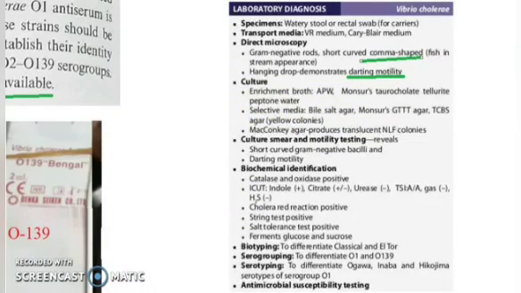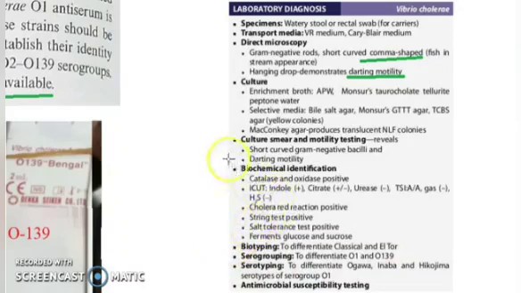Then culture we have seen, selective media, enrichment media. We have seen the motility test, biochemical tests, how to differentiate El Tor and classical, and biotyping.